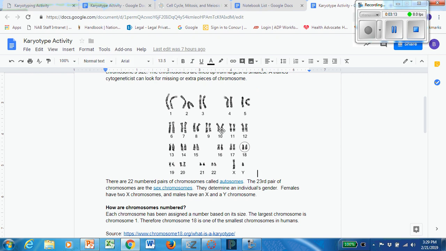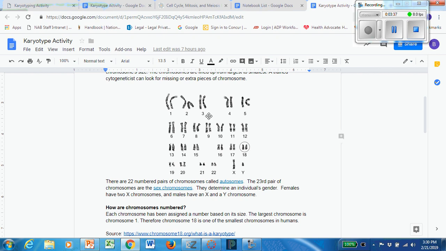In this picture of someone's chromosomes, you see the pairs all the way up to pair number 23. Pair 23 determines whether you're a male or female. You see this short little chromosome, that's the Y, and the X's are long. That's going to play a role when you start diagnosing people in this activity.